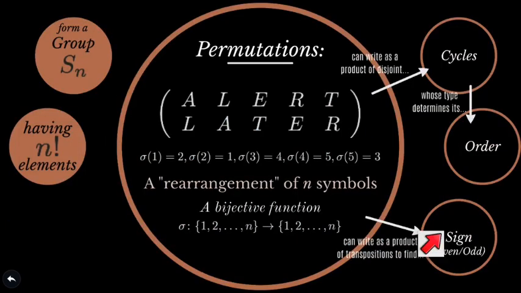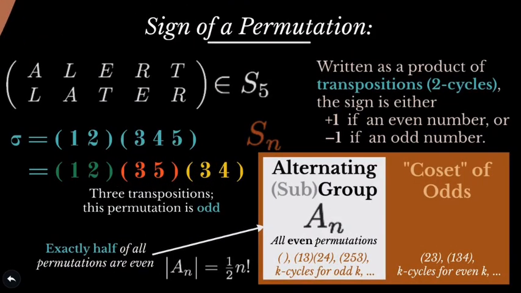And so what that means is that the evenness or oddness of how many transpositions are needed to write down a given permutation is an invariant of that permutation and not of the expression of that permutation as a product of disjoint cycles. That was the paragraph. All of which is to say the following: when I express a permutation as a product of transpositions, the number of transpositions that I use, its evenness or its oddness, is well defined.